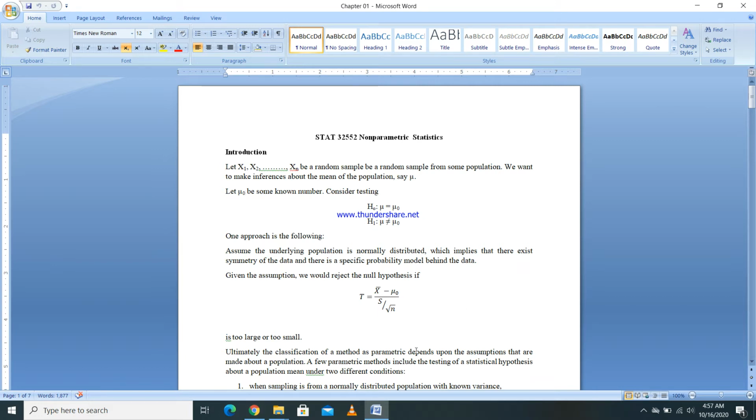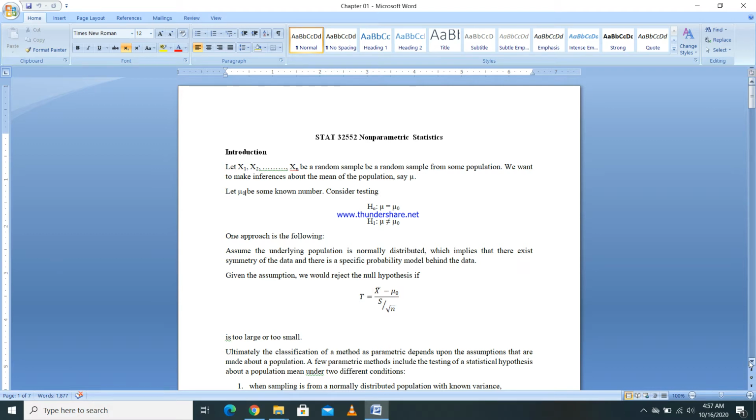This is the t-test statistic: x bar minus mu naught over s over root n. We calculate the test statistic using the sample data, and we can reject H naught for too large or too small values of the test statistic.